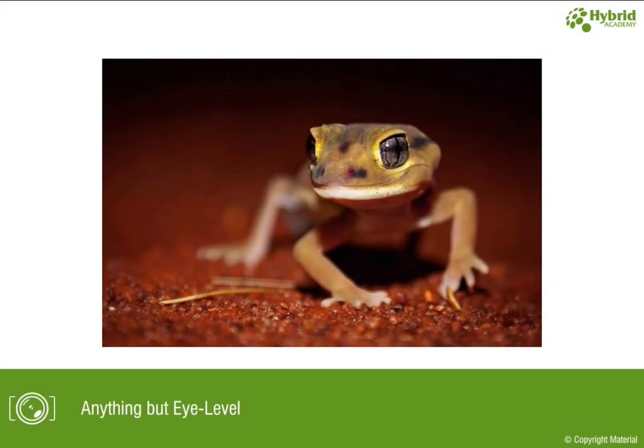This is the same lizard shot from eye level, and you can yourself make out the difference in the quality of composition. This picture shot from the eye level of the lizard definitely gives a stronger composition and is far better in terms of creative quality. Also, please see that the shot is arranged in such a way that one eye of the subject, that is the lizard, perfectly fits the rule of thirds.